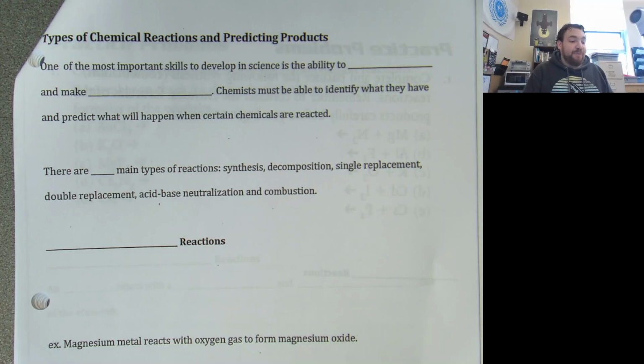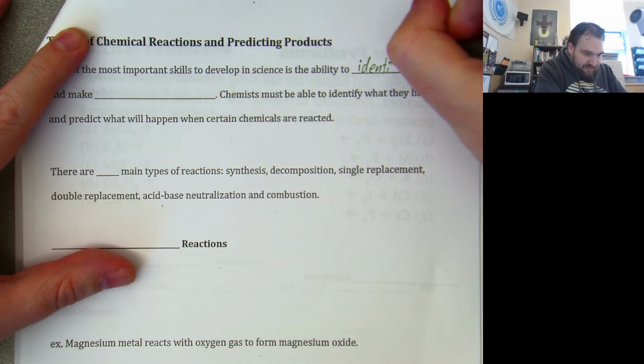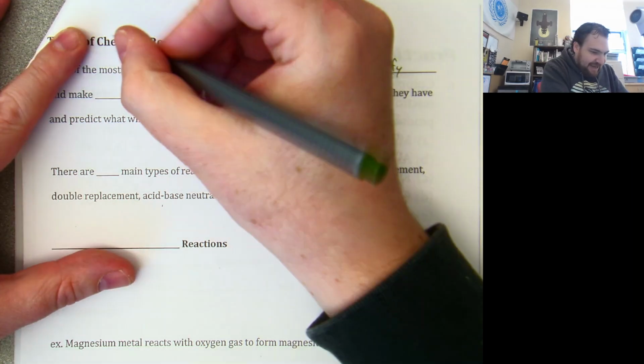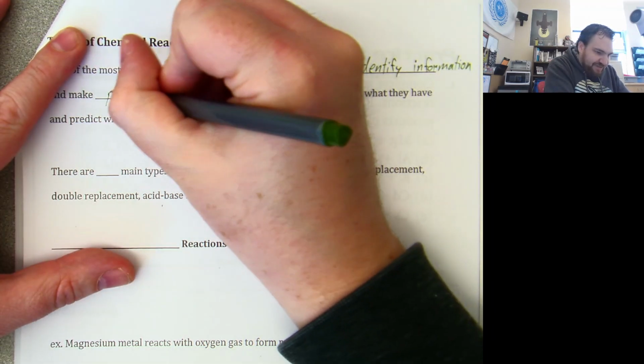So, one of the most important skills to develop in science in general, not just chemistry, but in every science you could possibly take, is the ability to identify information and make predictions.